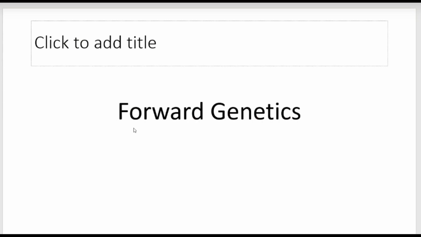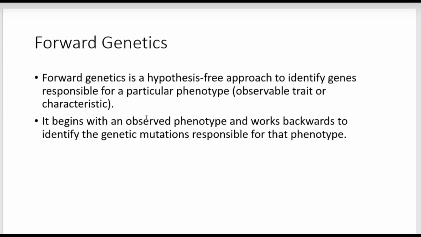So what is forward genetics? Forward genetics is concerned with the observable trait, with the phenotype. That means it begins with an observed phenotype and works backward to identify the genetic mutation responsible for that phenotype.